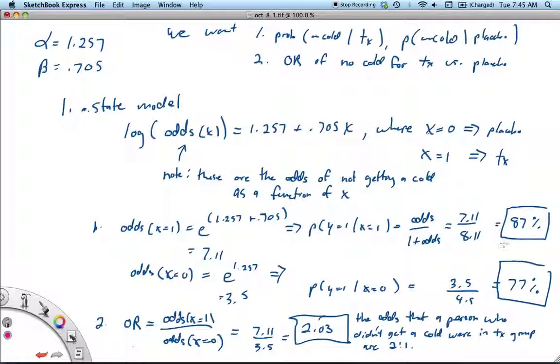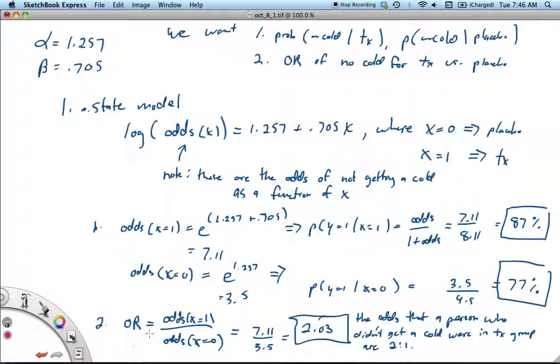And now, if you think about these two numbers, they make pretty good sense, because in the data, it's not like it was a landslide. It's not like everybody in the placebo group got sick, right? It's just the people in the treatment group actually did better.